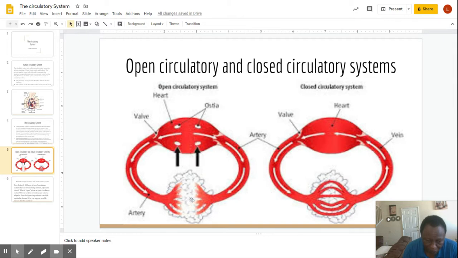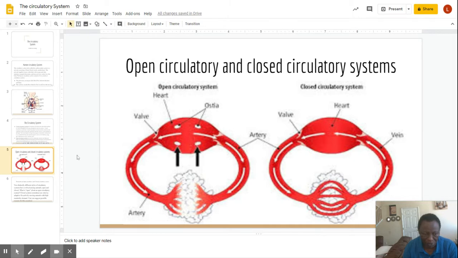The blood diffuses straight into the body, not inside a vessel, and from here it circulates the whole body, and then when it has carried out the functions of the blood, transporting nutrients and oxygen and all the rest, it is reabsorbed back into the blood system and carried back to the heart.